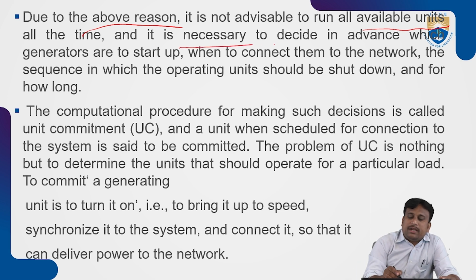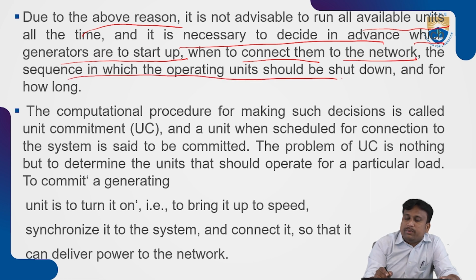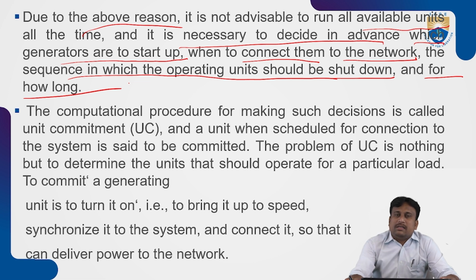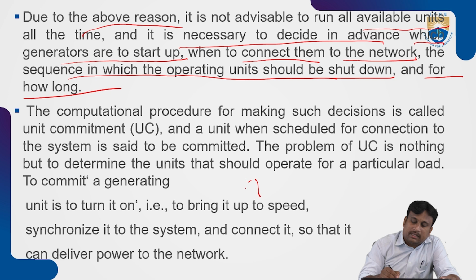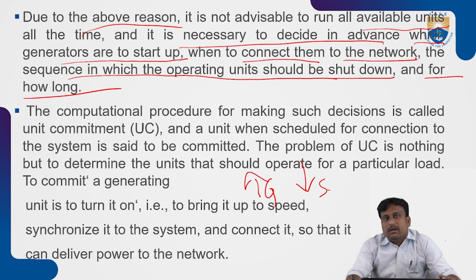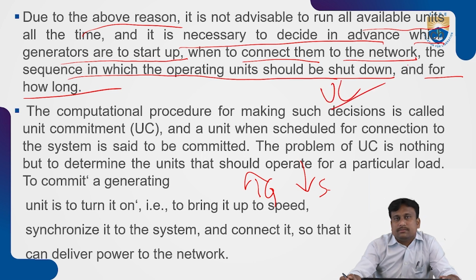It is necessary to decide in advance which generators are to be started up and when to connect them to the network, and the sequence in which operating units should be shut down and for how long. All these procedures we should frame accordingly. When to start and shut down each generator, and the scheduling sequence, must be followed for the power system network for a suitable unit commitment case.